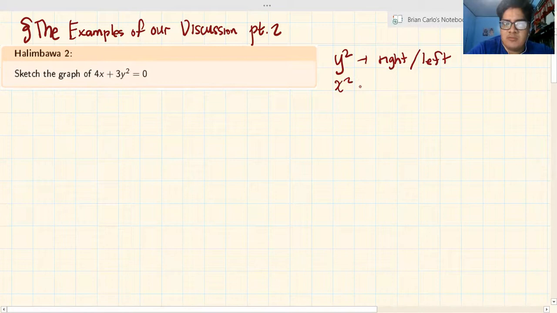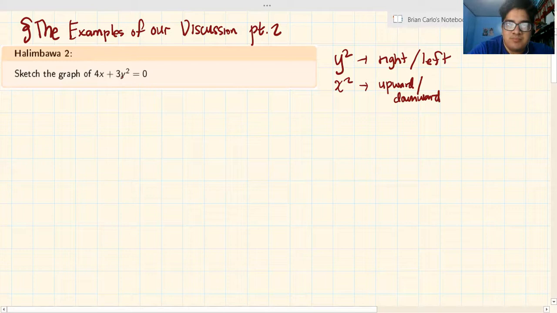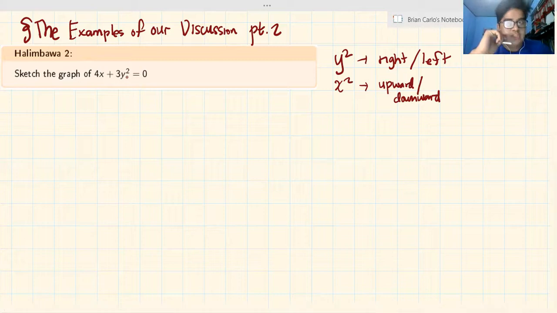Kapag naman yung x mo yung naka-square, is either upward or downward. Kapag yung y mo yung naka-square, right or left. Kapag yung x mo naka-square, up or down. In this case, yung y naka-square, so ibig sabihin, the orientation is either to the left or to the right. Ngayon, let's find out, shall we?